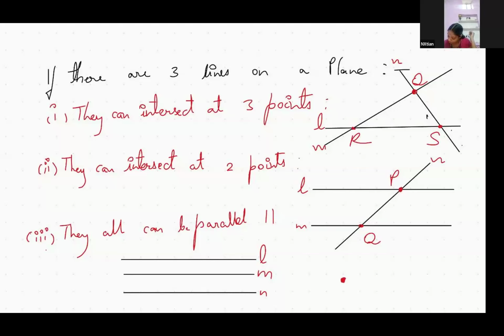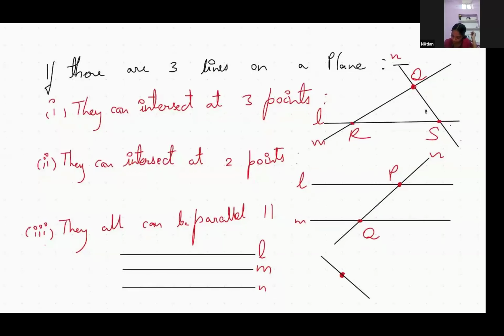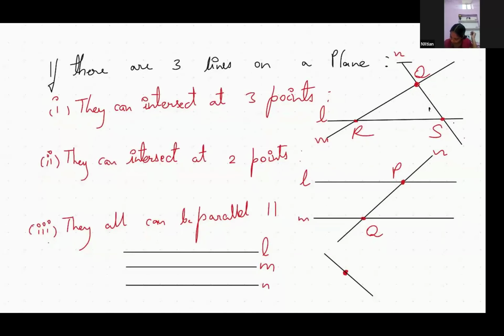One, two, and three. Like this? Yes, it can be possible. So this is L, this is M, and this is N.